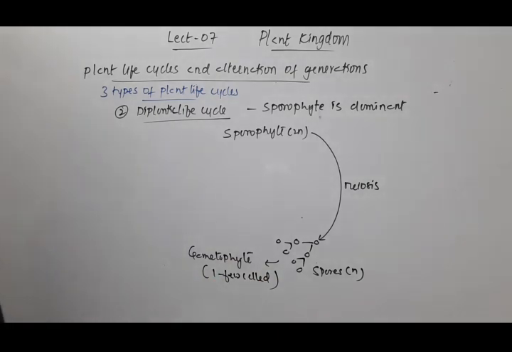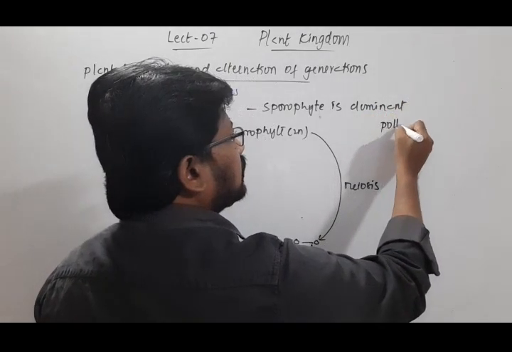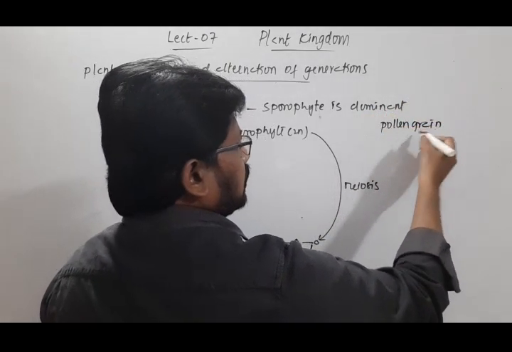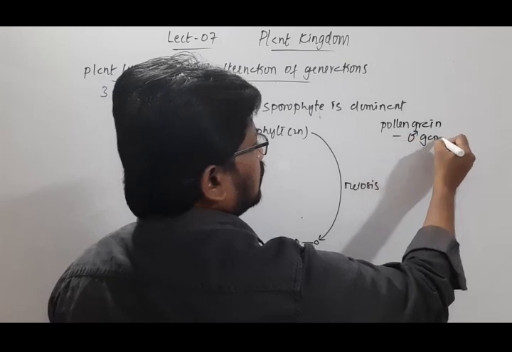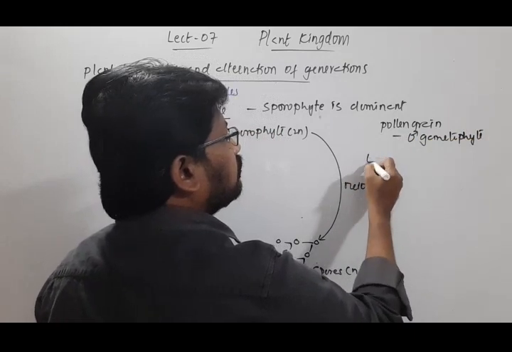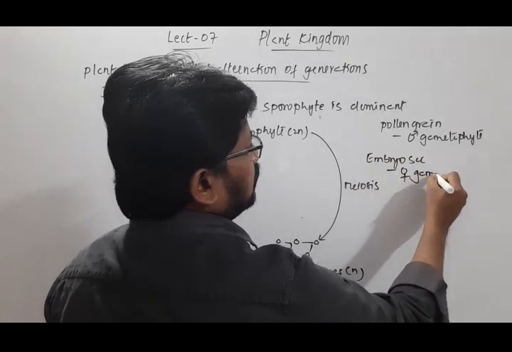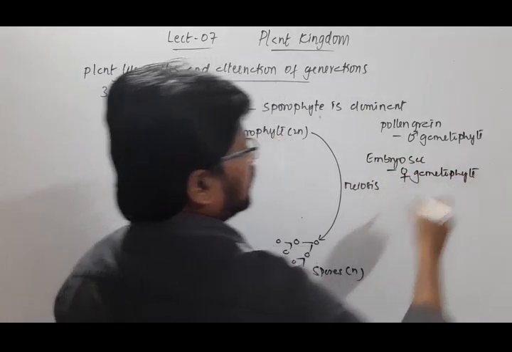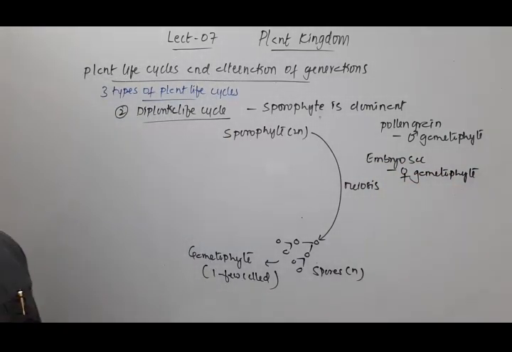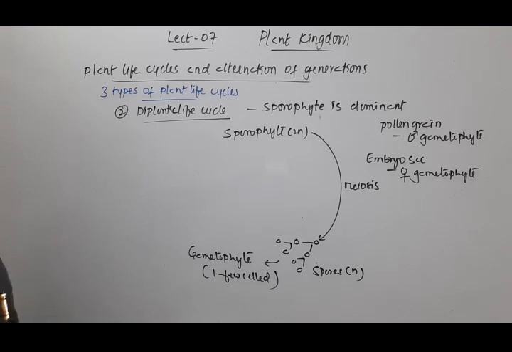Like we have seen in the case of the embryo sac, I already told you the pollen grain is the male gametophyte, and the embryo sac is the female gametophyte. The pollen grain is two celled, and the embryo sac in the case of angiosperms, we have seen, has seven cells.